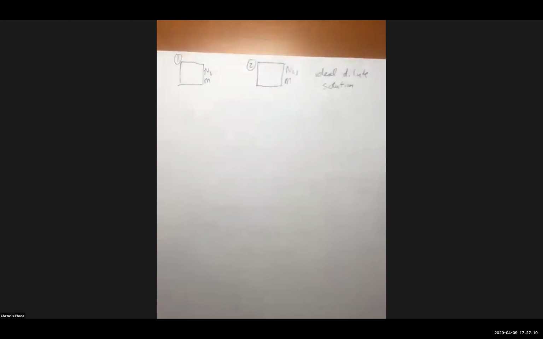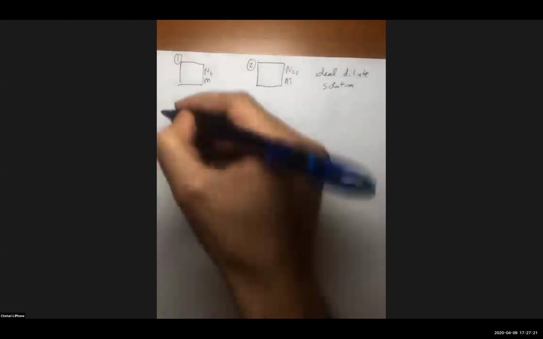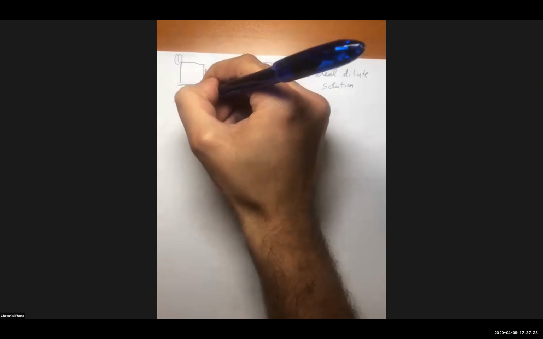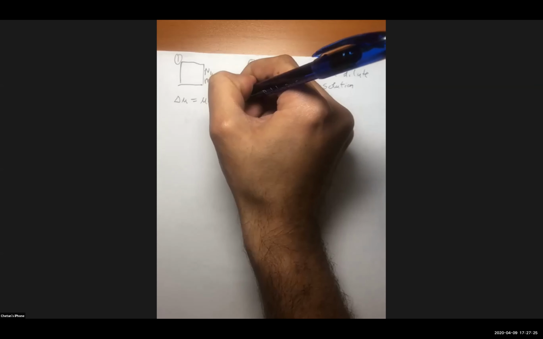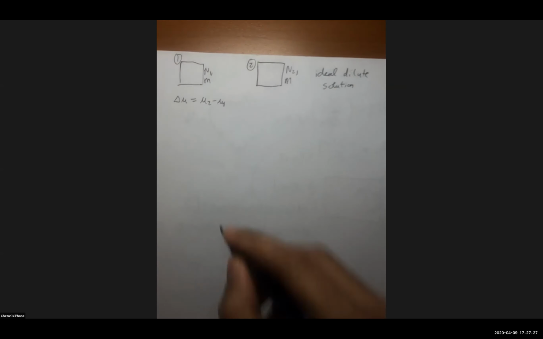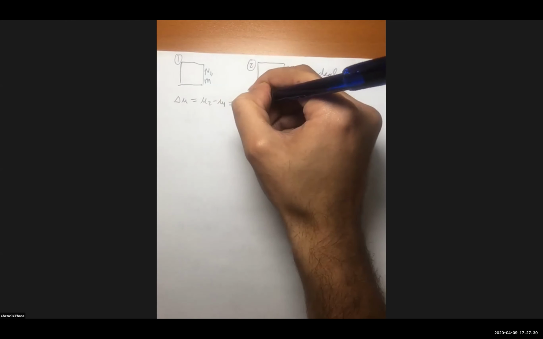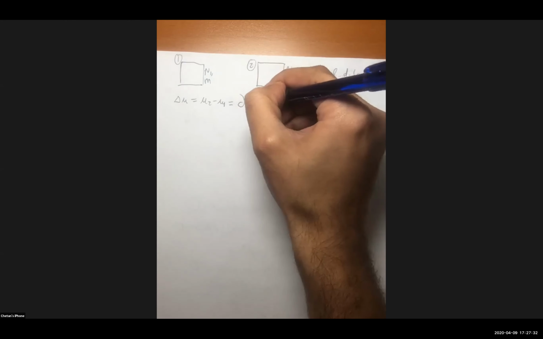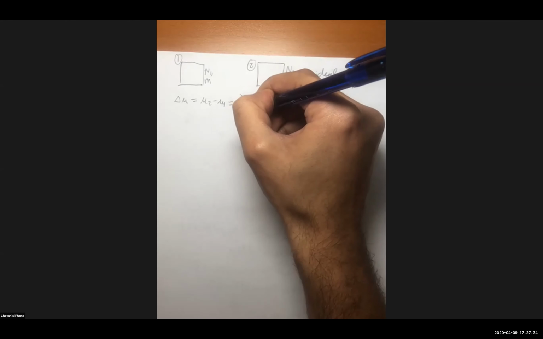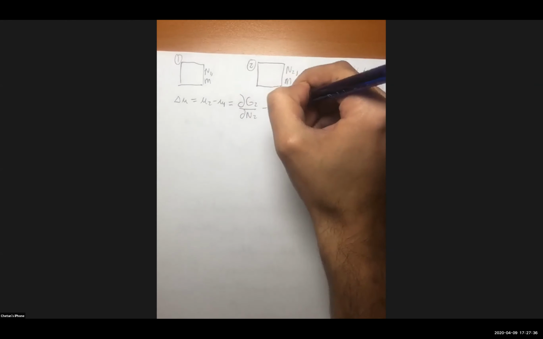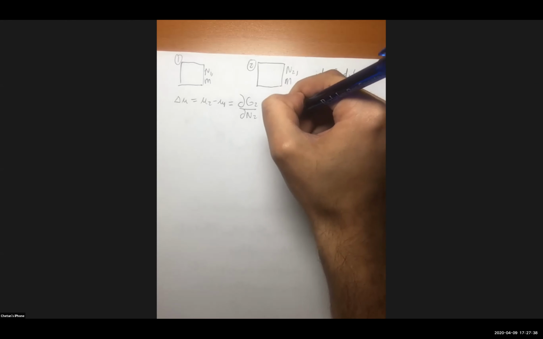So let's calculate the change in potential for this. And we can do that by saying delta mu, which is mu2 minus mu1. We can say this is actually equal to, just from before, the change in free energy per molecule between each region.